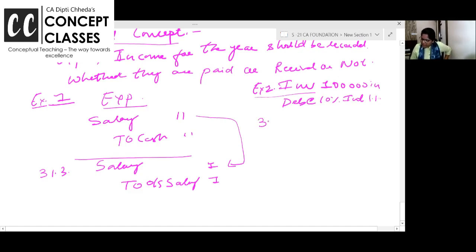Now on 30th of September the company gave interest. Say 9 months interest. So 1 lakh into 10%, 10,000. 9 by 12 comes to how much?